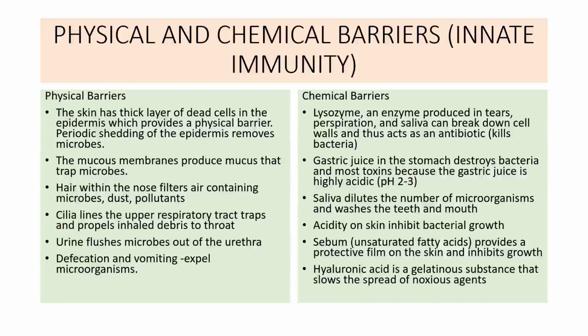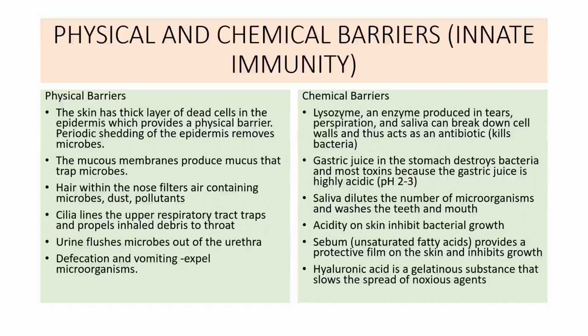Then coming to the mouth, we have the saliva produced by the salivary glands. These salivary glands produce a huge amount of saliva containing mucus and the enzyme known as lysozyme, which kills the bacteria. Then in the stomach, we have the production of HCl.